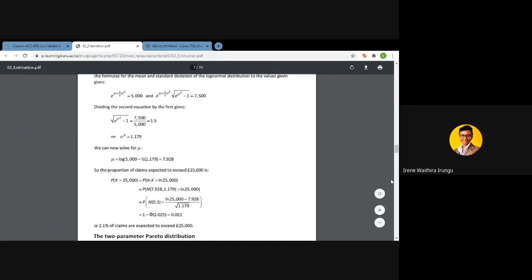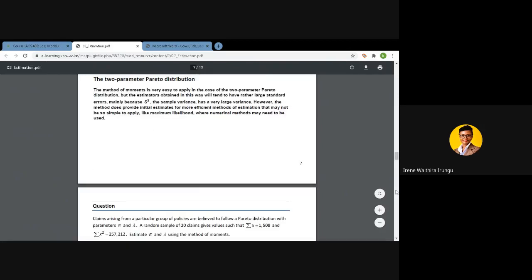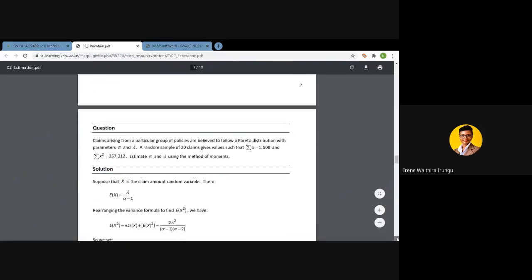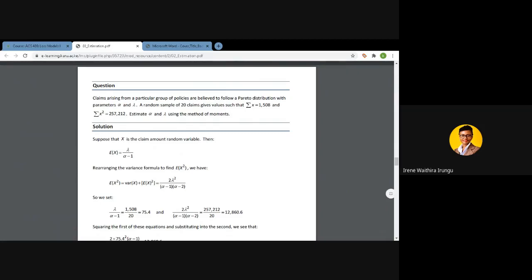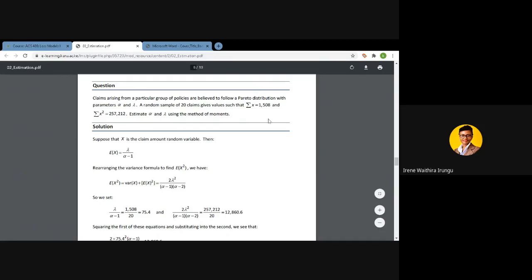Before we go on to the method of percentiles, we have another example here for the method of moments. Claims arising from a particular group of policies are believed to follow a Pareto distribution with parameters alpha and lambda. A random sample of 20 claims gives values such that the summation of x equals 1508, and the summation of x squared equals 257,212.